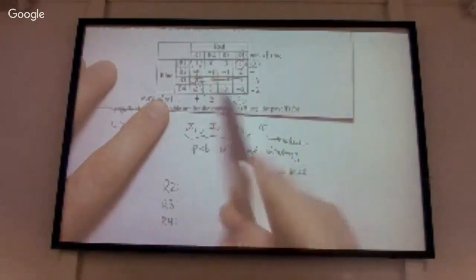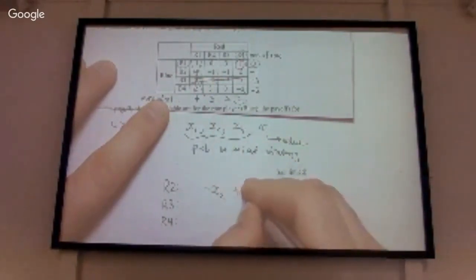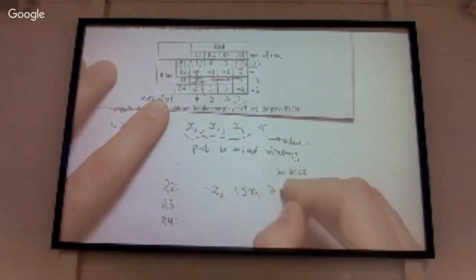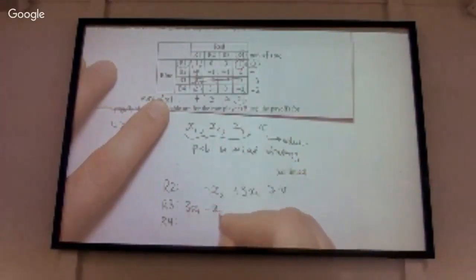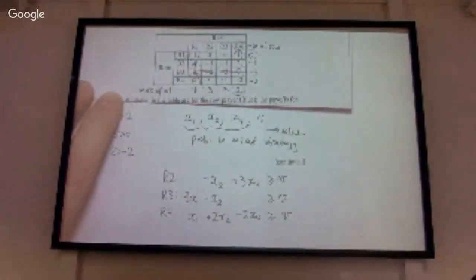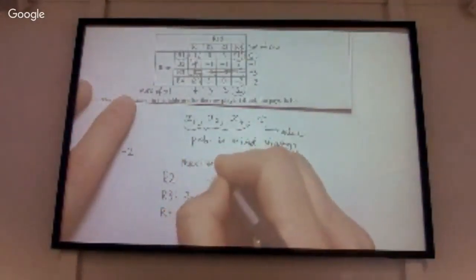R2 goes down like this, so you get 0 times x1 minus 1 times x2 plus 3 times x4 should be greater than or equal to v. In R3 you get 3x1 minus x2 is greater than or equal to v. And the last one is x1 plus 2x2 minus 2x4 is greater than or equal to v. The objective is to maximize the value.